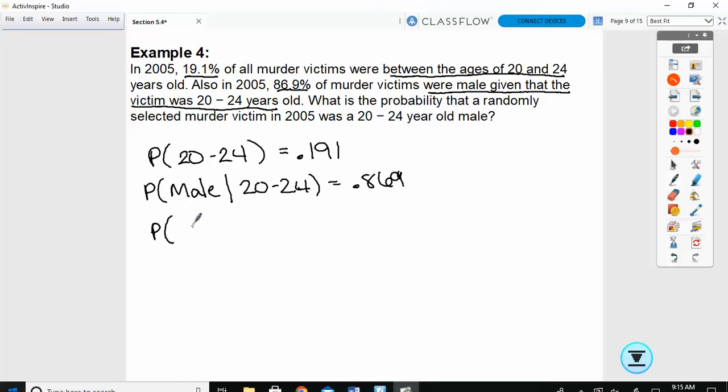I'm asking for the probability that we had a 20 to 24-year-old male. So basically the probability of 20 to 24 and male. That's what I'm trying to find.